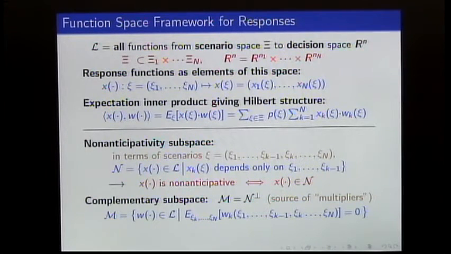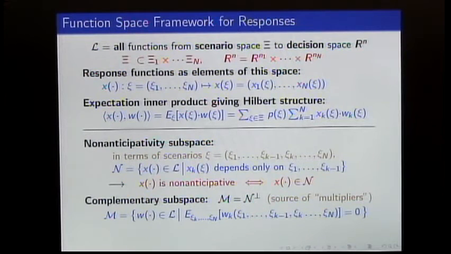Now, as part of that subspace, there is its orthogonal complement, and this is where the idea of a multiplier will eventually enter. So I look at the orthogonal complement, but this is orthogonality with respect to this inner product, or the Euclidean inner product would give me something wrong for this idea. So the complementary subspace consists of functions, obviously in the same Hilbert space, but it's easy to calculate what they are.